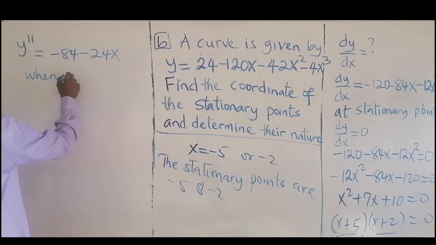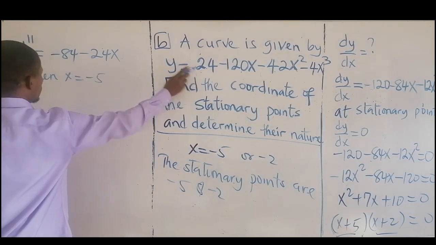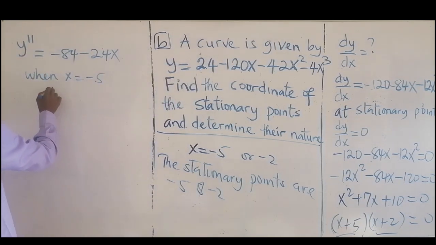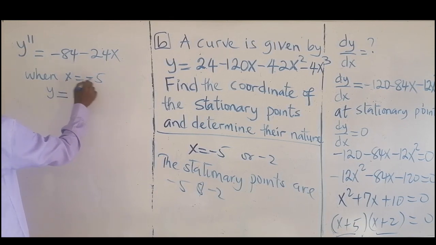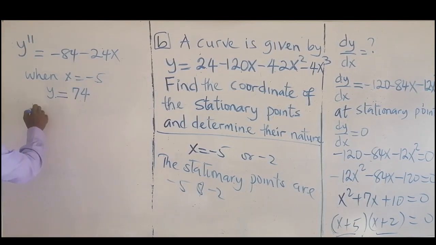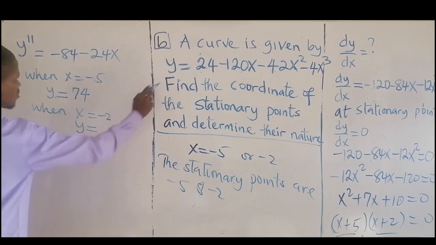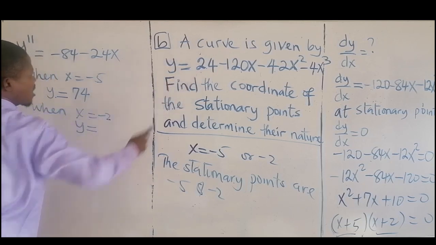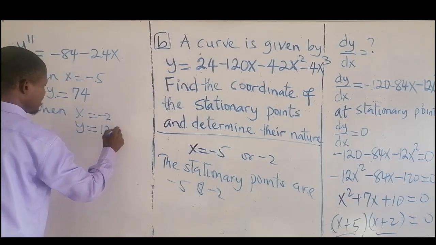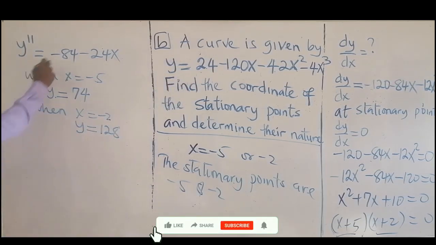When x is minus 5, substitute into this equation and get the y value. So when x is minus 5, y is 74. Also, when x is minus 2, y is, do the same thing, substitute there. That's 128.